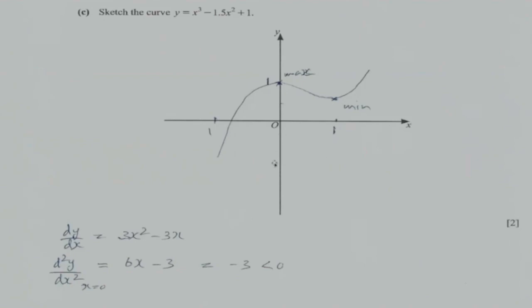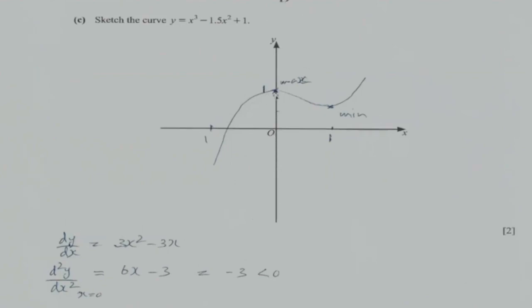We can draw the graph like this. This is when x equals 0, this is 1, so it comes like this. This is a maximum value, and again there is a minimum value here, then it goes like this. This is the curve we can draw.